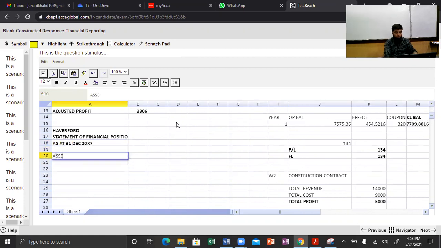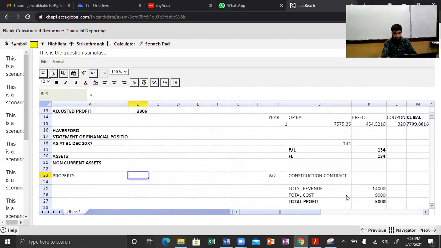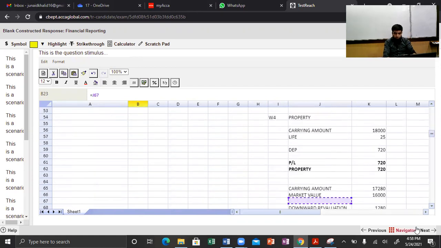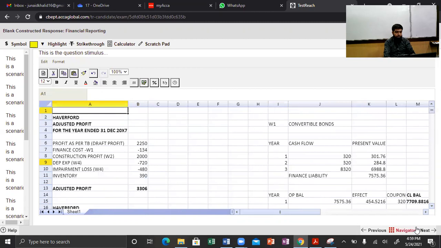First of all, let's account for the assets, starting with non-current assets. In non-current assets, we have property, for which we have worked out the value, which we have now calculated. So the recoverable amount, or we can say the market value, is 16,000, because the depreciation for the year has already been recorded, and at the end of the year the property was revalued to 16,000.